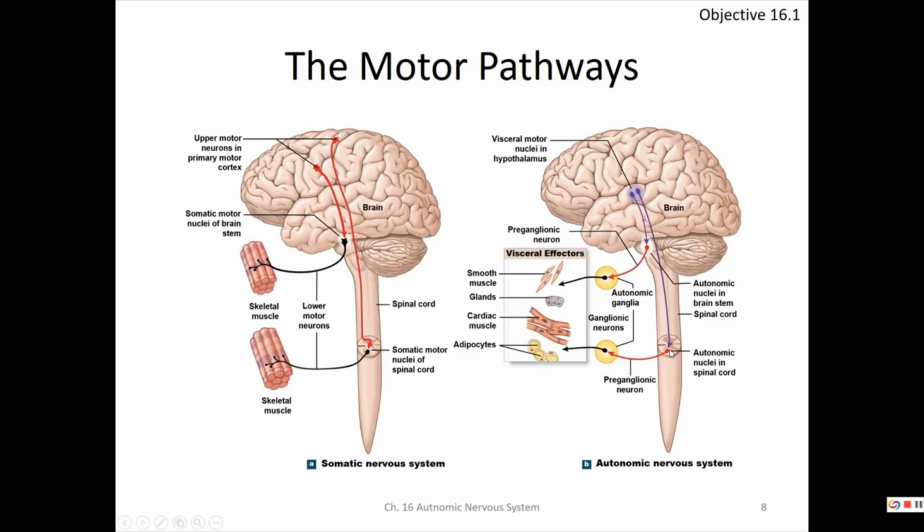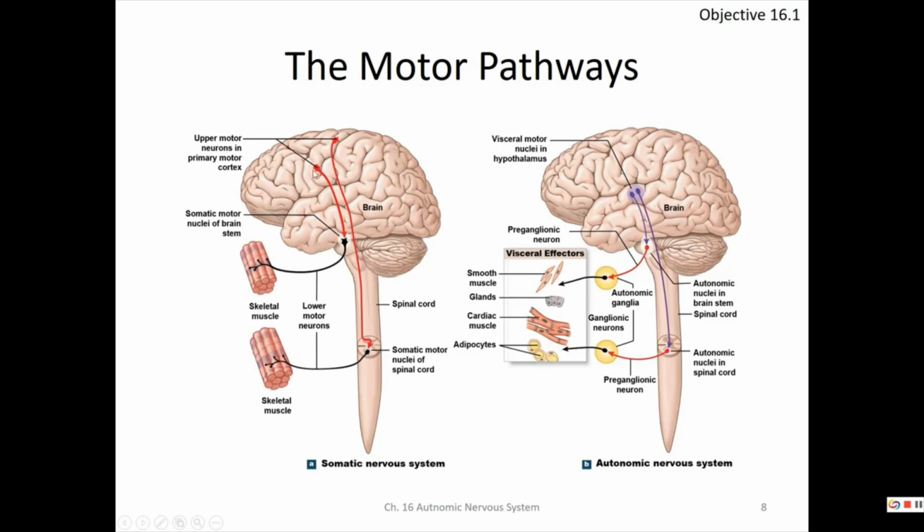Well, the first neurons here do the same thing. There's either an autonomic nuclei in the brainstem or an autonomic nuclei in the spinal cord. You should know that that autonomic nucleus in the spinal cord is the lateral gray horn from T1 to L2.